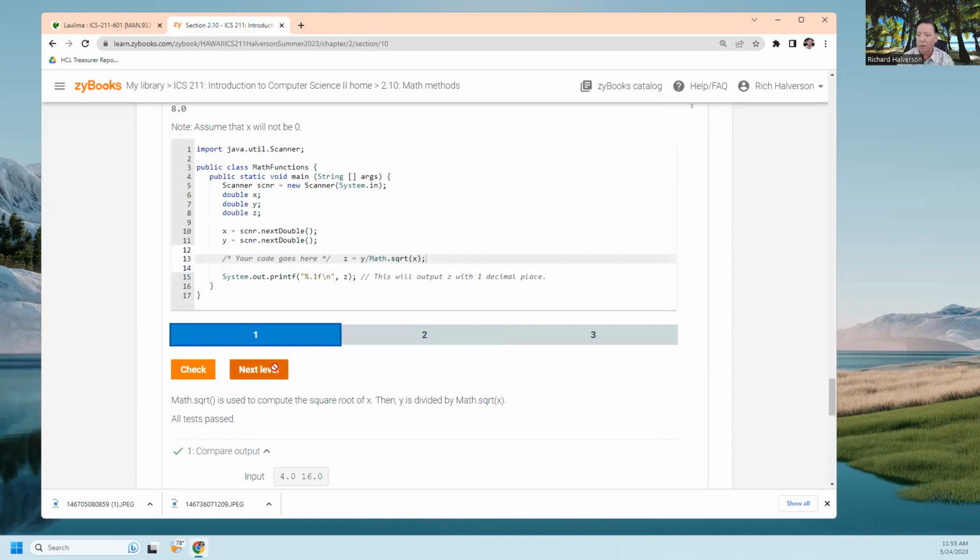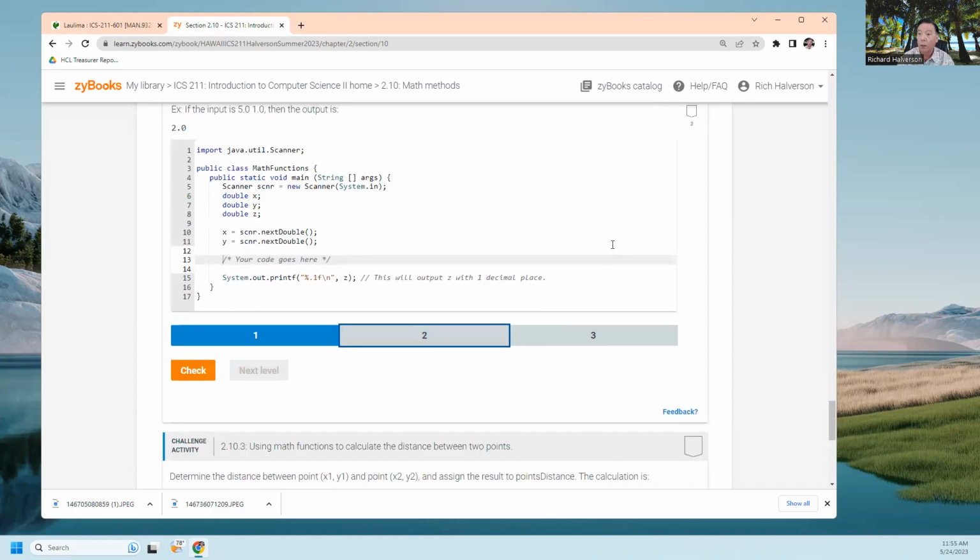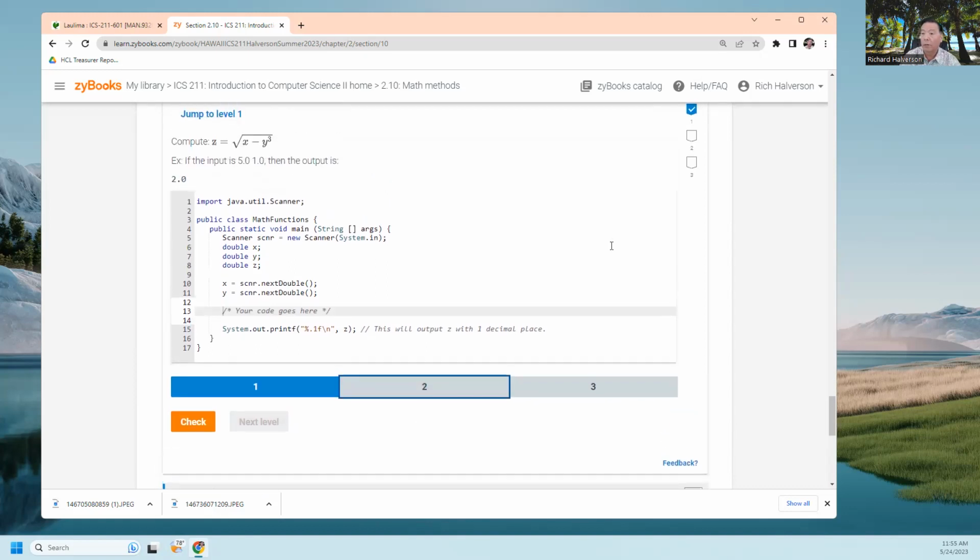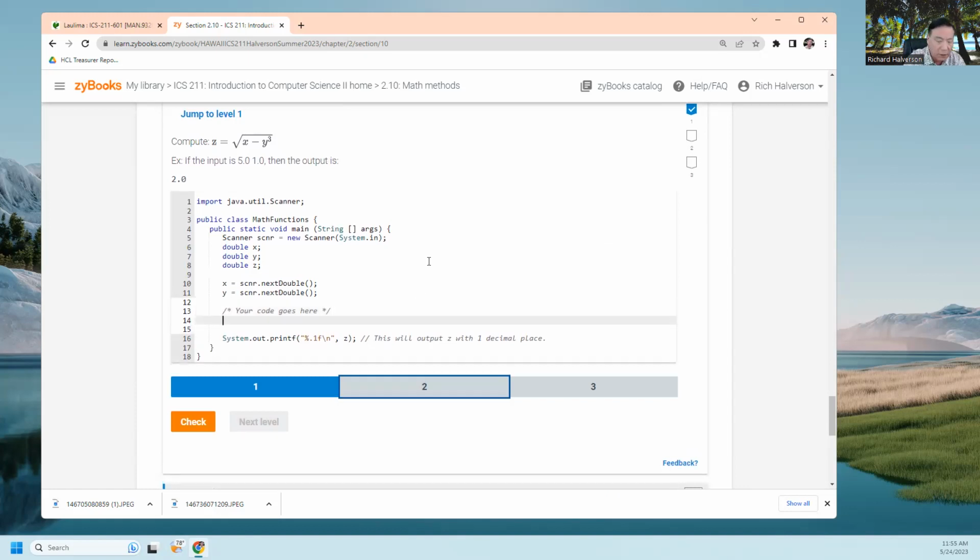Next level. Oh, now I gotta write this. Okay, I'd say this is z equals Math.sqrt of something. What is it of? It's of x minus y to the 3rd power.